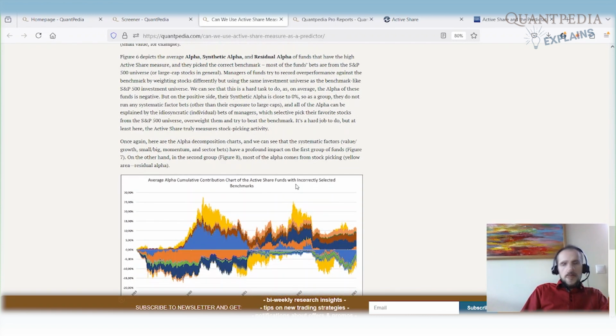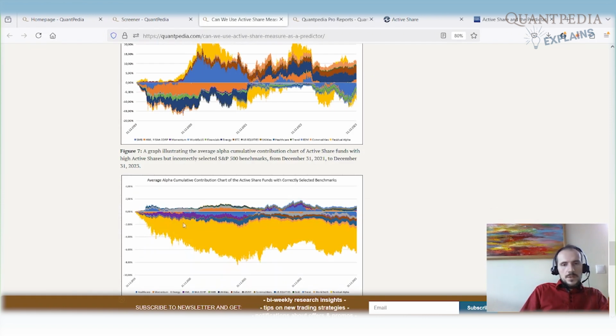And then we can take a look deeper into that. So if you run the factor analysis of the fund's performance against the benchmark, you can take a look at what are the exact sectors that are causing the underperformance or outperformance of the fund. Once again, we can see that in the case of the funds that were trying to pick the stocks, so they selected the correct benchmark, they were highly active, they had a high active share, but they were trying to be the stock pickers.